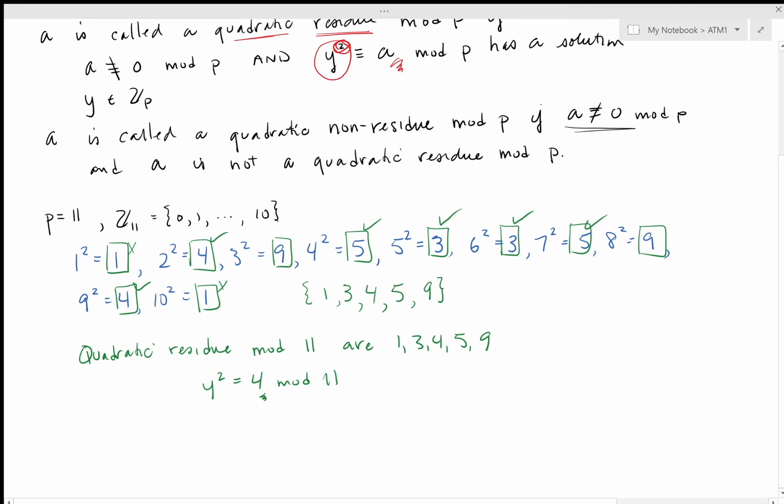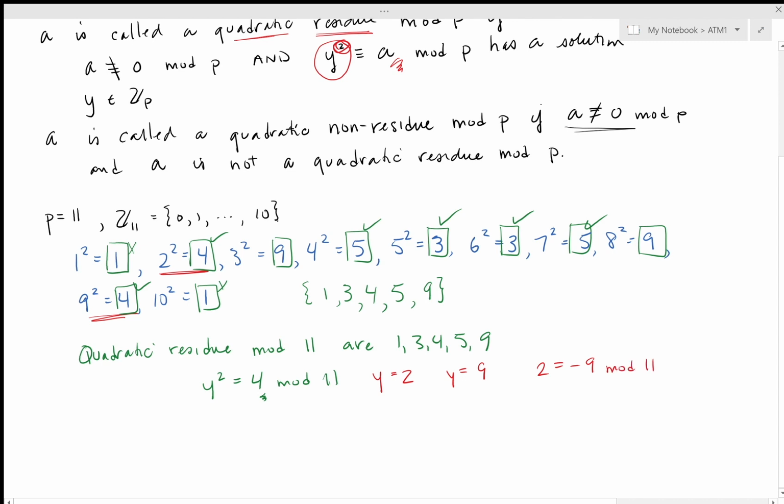Y is equal to 2, because 2 squared is equal to 4 mod 11. And do we have another one? Yes, we do. It is y is equal to 9, because 9 squared is also equal to 4. I'm going to point to the fact that 2 is equal to minus 9 mod 11.